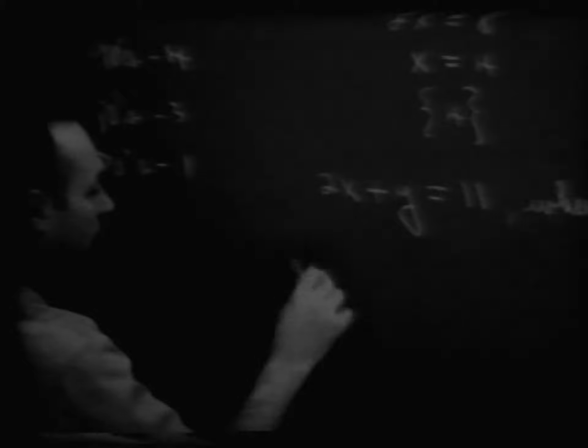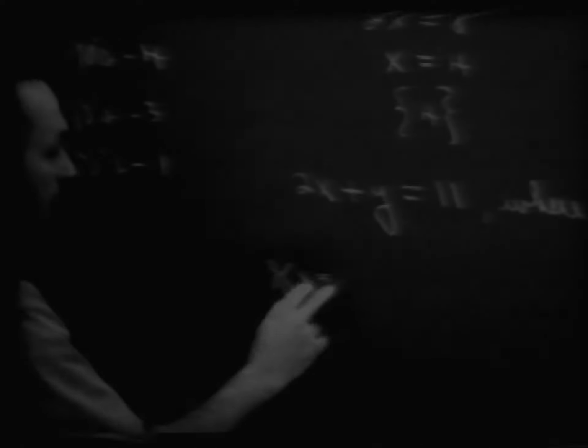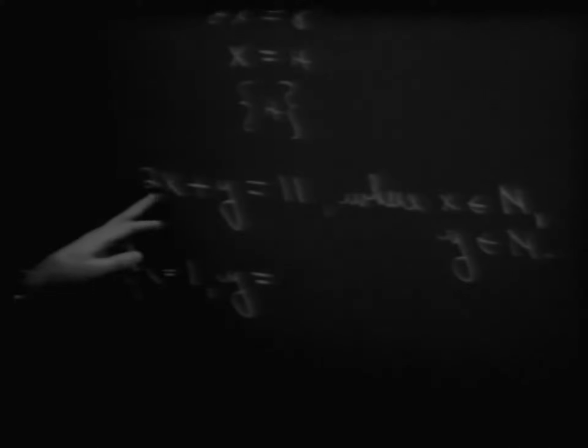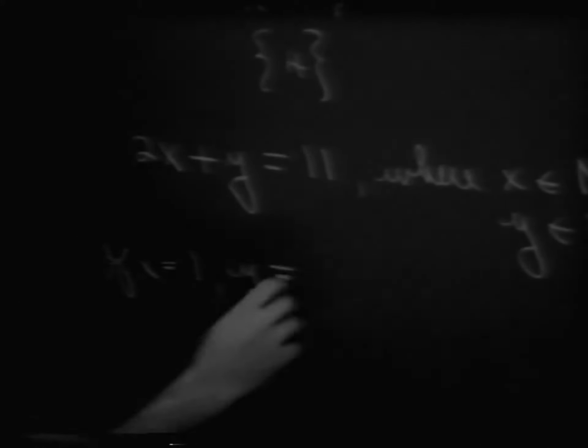Let's start out, in this case, with x. If x is a natural number, what's the smallest natural number that we have? It is, Ron says, 1. So if x is 1, what then is y going to be? If x is 1, 2 times 1 is 2, and y has to be, Steve says, 9.